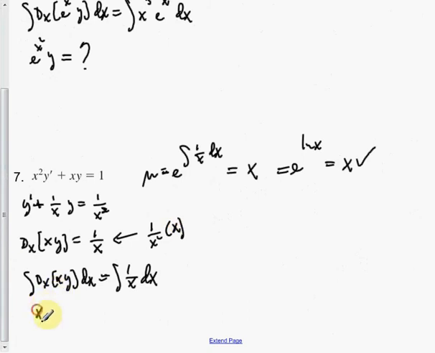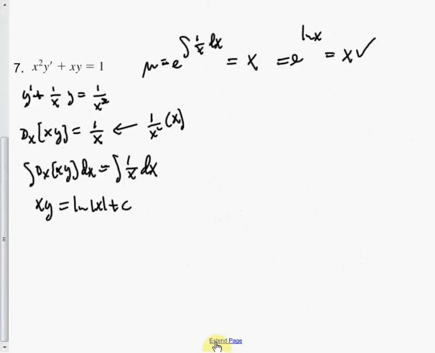So the left side is x times y is equal to the natural log of the absolute value of x, plus c. Divide everything through by an x, and so y is equal to 1 over x times the natural log of the absolute value of x plus c, all over x.